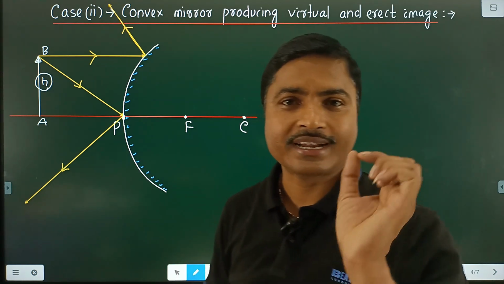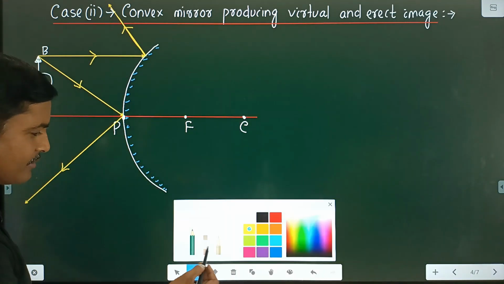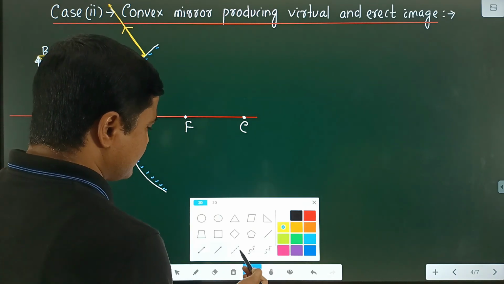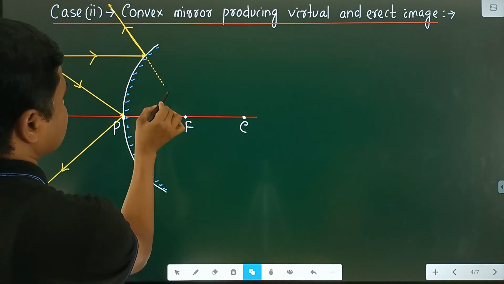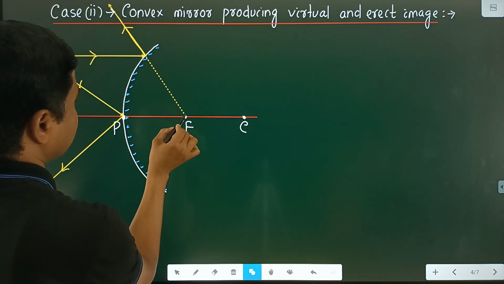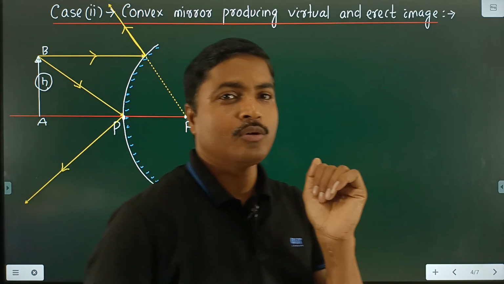So we extend both reflected rays in the backward direction. If we extend this ray backward, you know the ray appears to meet at the focus. Why?